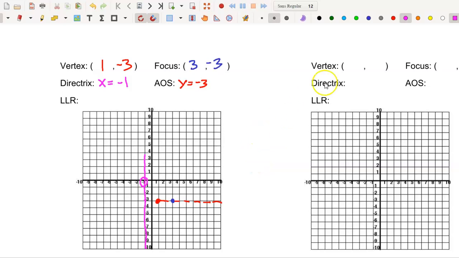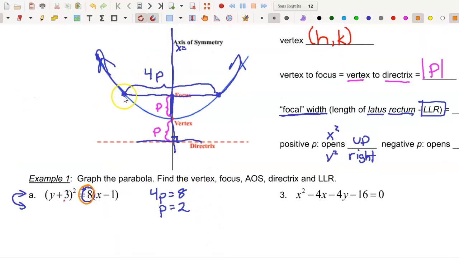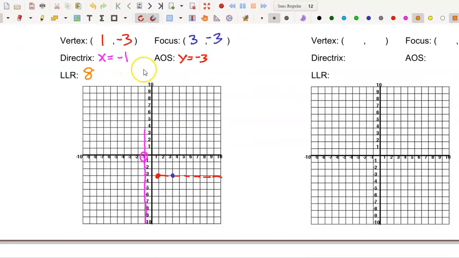And the LLR is just the number that's right here, 8. That's how far it is from one point to the other. So that means it's 4 for one direction, 4 for the other direction. So we go here, we go back to the focal point, not the vertex, but the focal point. I'm going to go up 4, dot it, back to focus, then down 4.